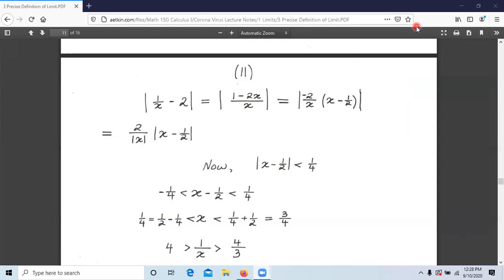Well, you go to Math 150 calculus and you open it, there will be Corona notes. No, but you can talk about them with me.